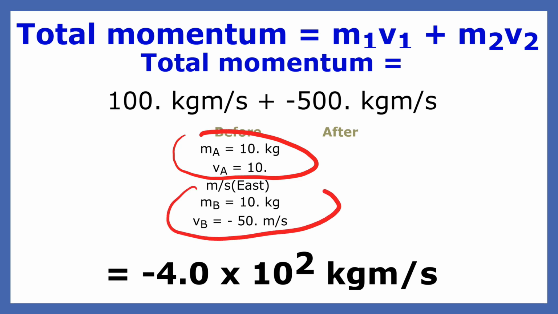Since object B had a mass of 10 kilograms at a velocity of negative 50 meters per second, its momentum is negative 500 kilogram meters per second. When you add that all up, it's negative 400 kilogram meters per second. I wrote it with two significant digits as negative 4.0 times 10 to the 2 kilogram meters per second.